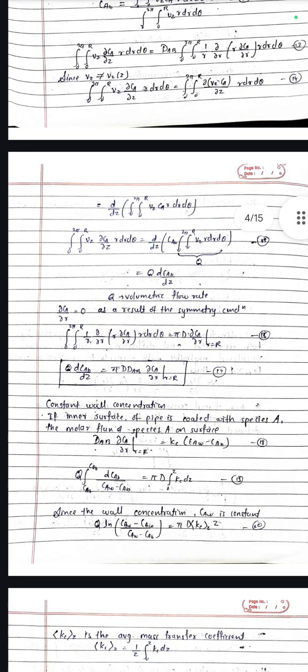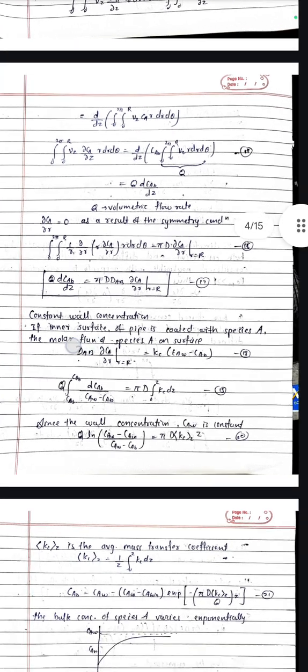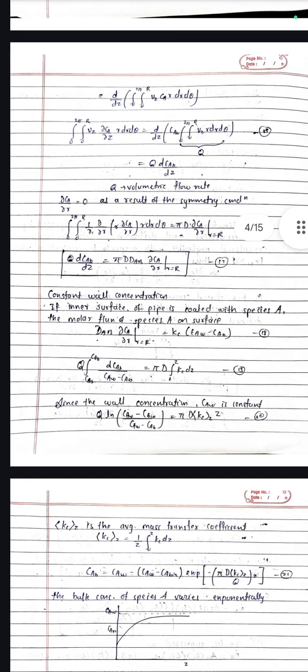For constant wall concentration, if the inner surface of the pipe is coated with species A, the molar flux of species A on the surface is DAB del CA by del r at r equal to R, which is equal to Kc times (CAW minus CAB).